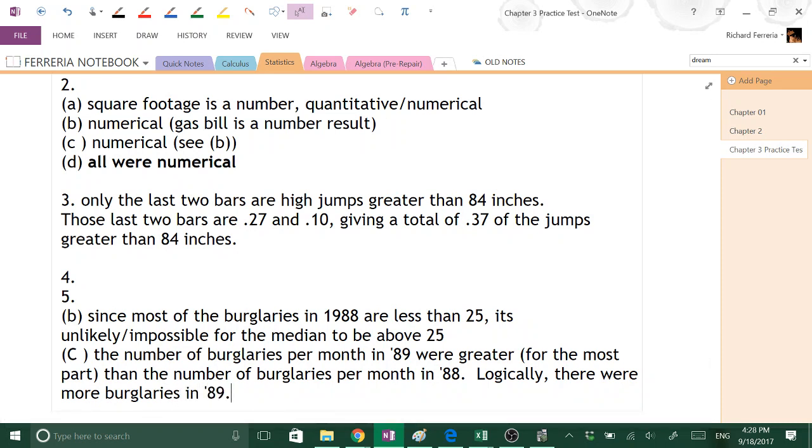That has to be true, right? If per month there are more burglaries in 89, then there have to be more burglaries in 89. It's kind of the way that works.